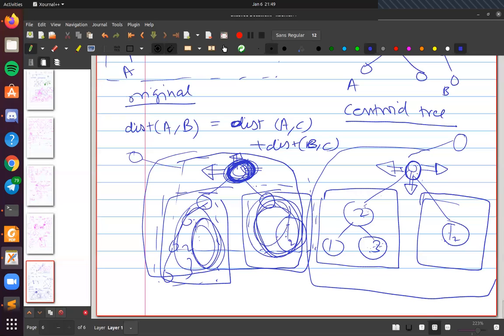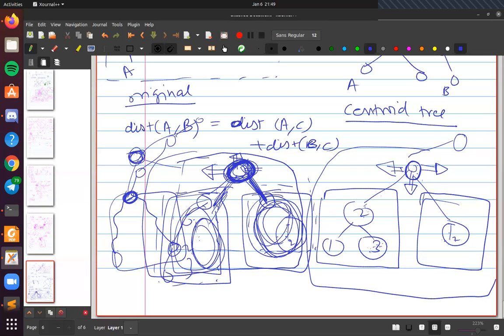And since they have been disconnected in the tree, and earlier they were connected, so this must be the LCA, right? Because what is LCA? If you move upwards, this is the first node which connects them, and afterwards also you are connected. So in the centroid decomposition, the first node which disconnects these two nodes will be the LCA.